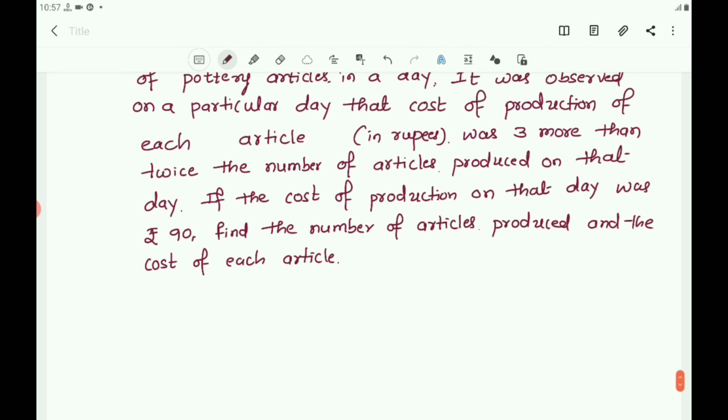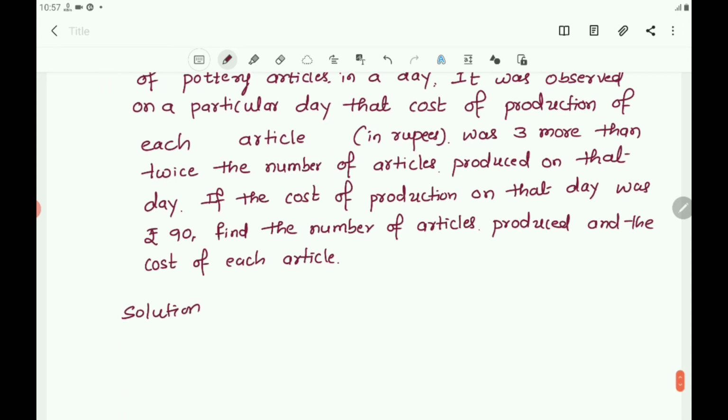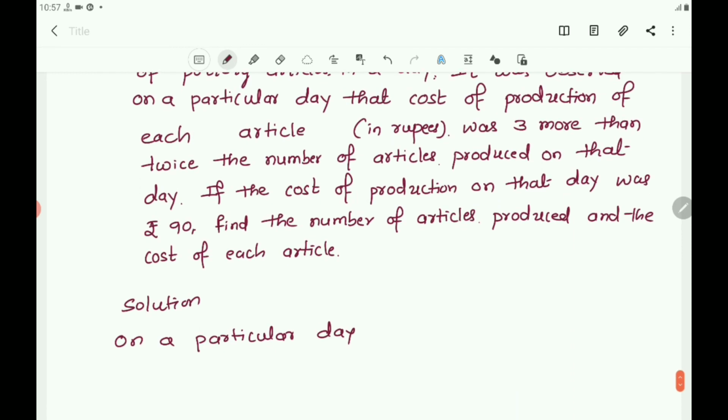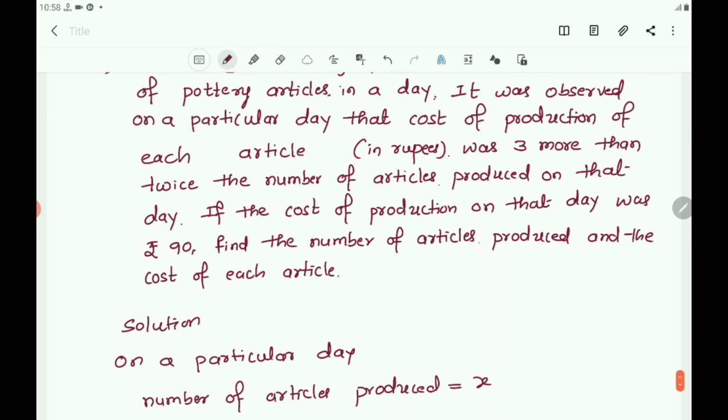Let us write the solution. On a particular day, let the number of articles produced equal x.